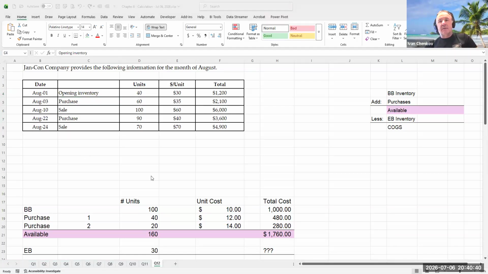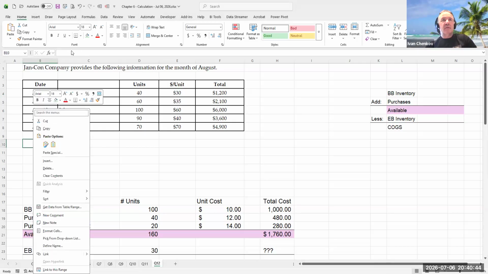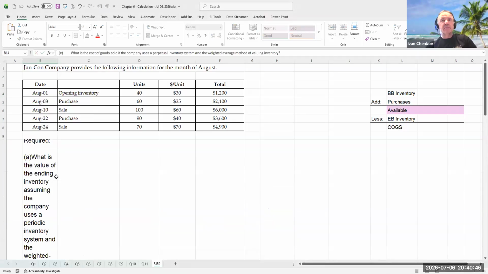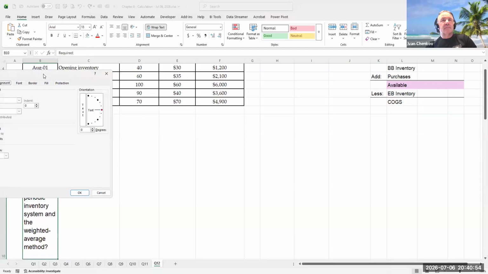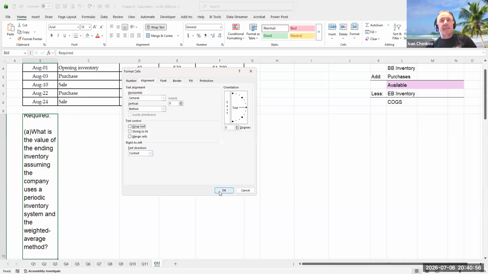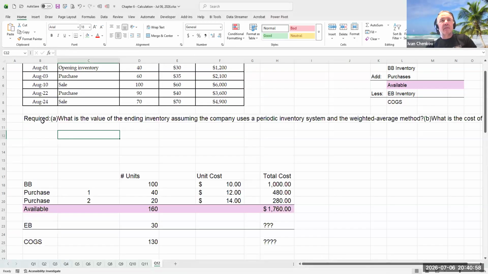What is required? Let me paste it here. What's required? That's not what I wanted. Required.